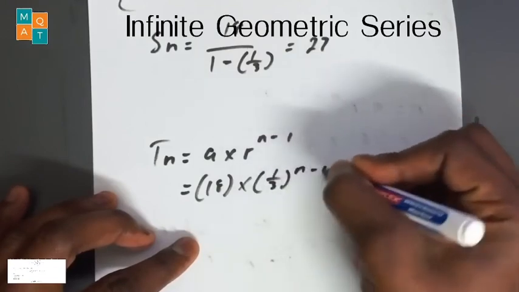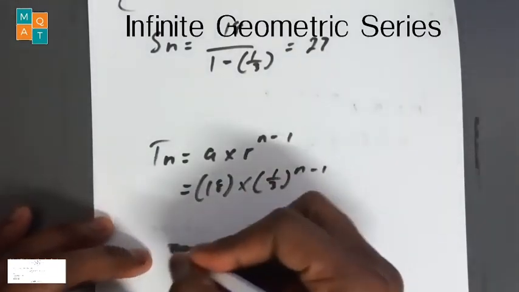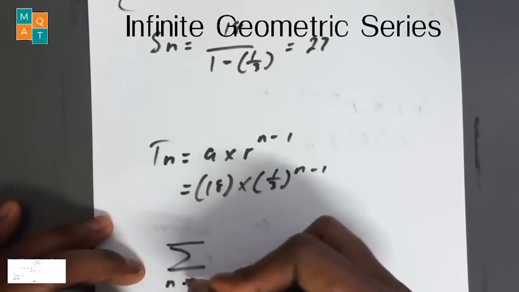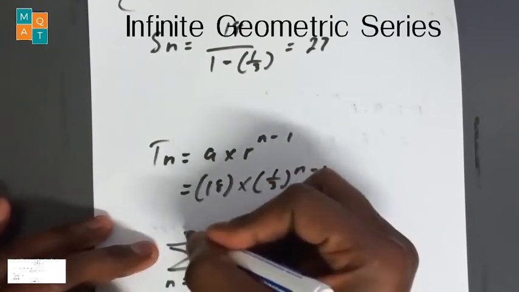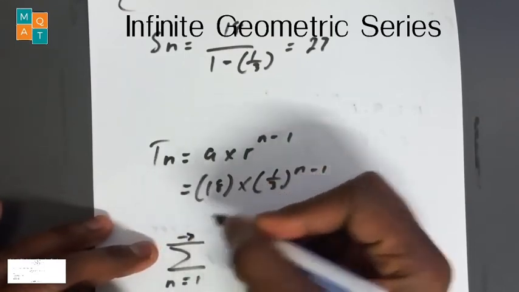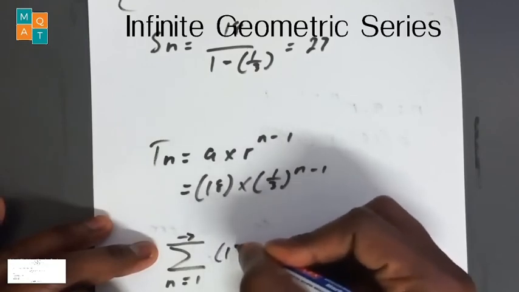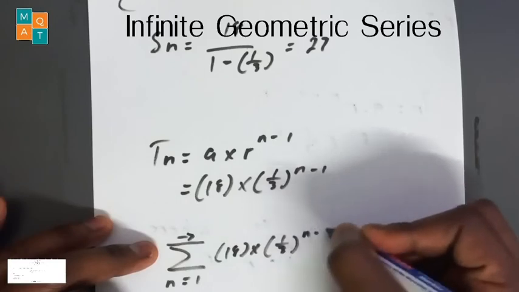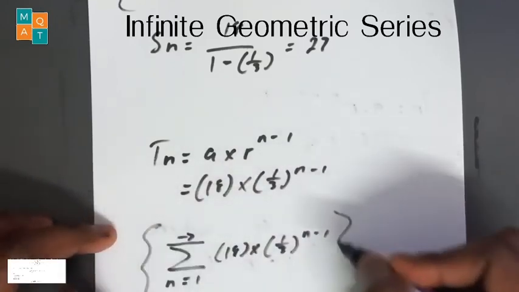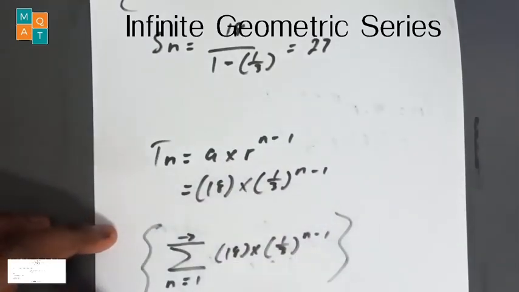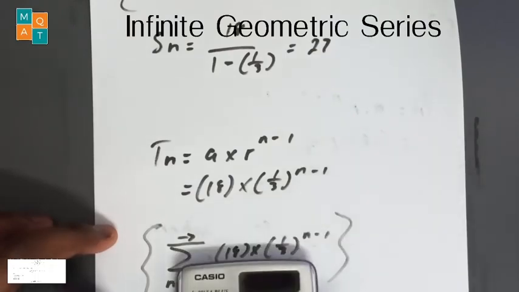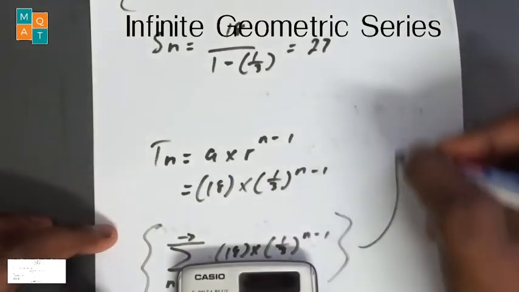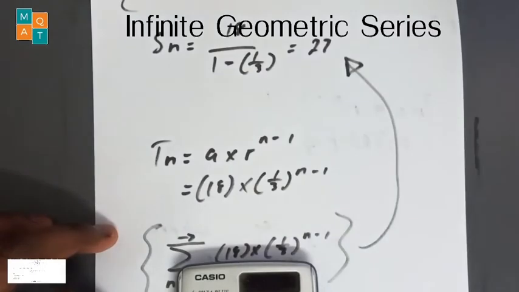I'm going to represent this as a sum from 1 up to some value which I'm going to be incrementing, of 18 multiplied by 1 over 3 to the n minus 1. I'm going to put this in my calculator and see what happens as we go to infinity. Does it really converge to 27? We can prove that.